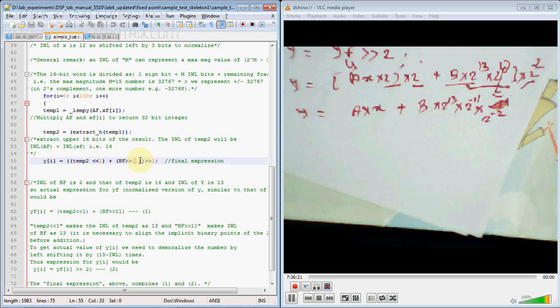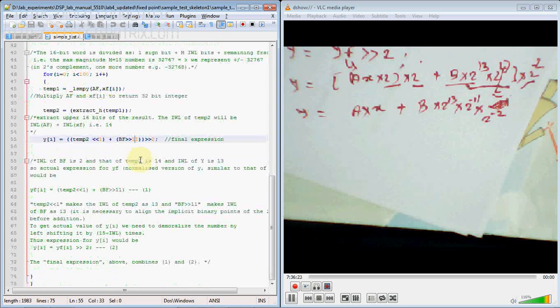So 2 power 13 into 2 power minus 11 into 2 power minus 2, which is the reason why we are shifting the value to the right by 11 digits.